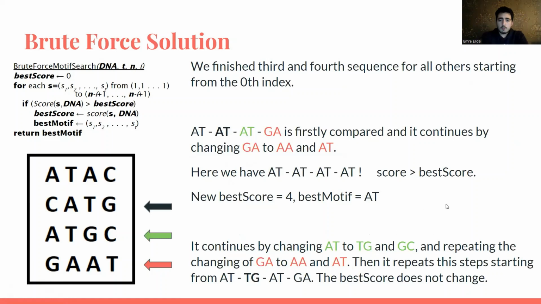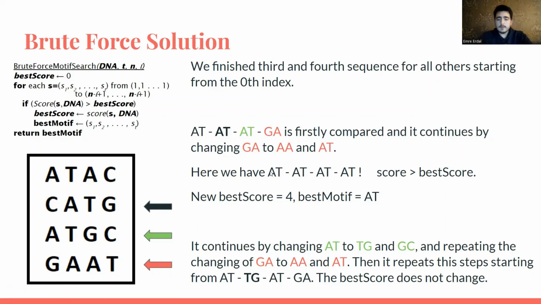So when we go to the second sequence, we initially analyze the CA possibilities, and now we are moving to AT. And here, initially we have AT, AT, AT, and GA, as all of them are starting from 0, and the second sequence is starting from the first index, and by changing GA to AA and AT, it is analyzed.